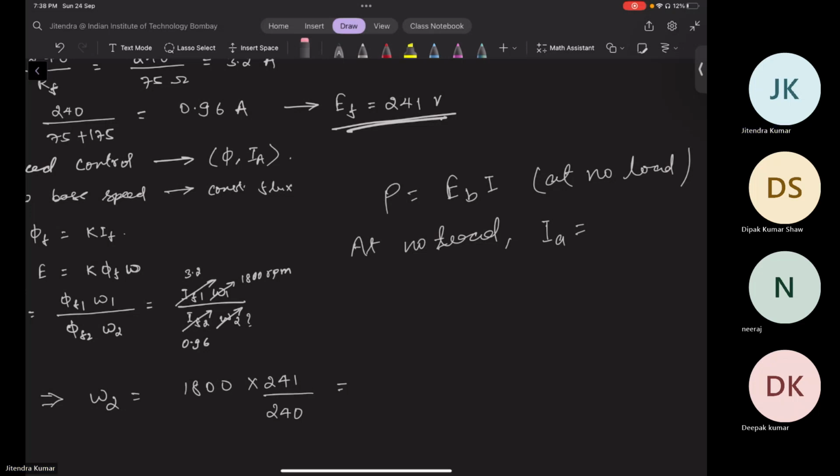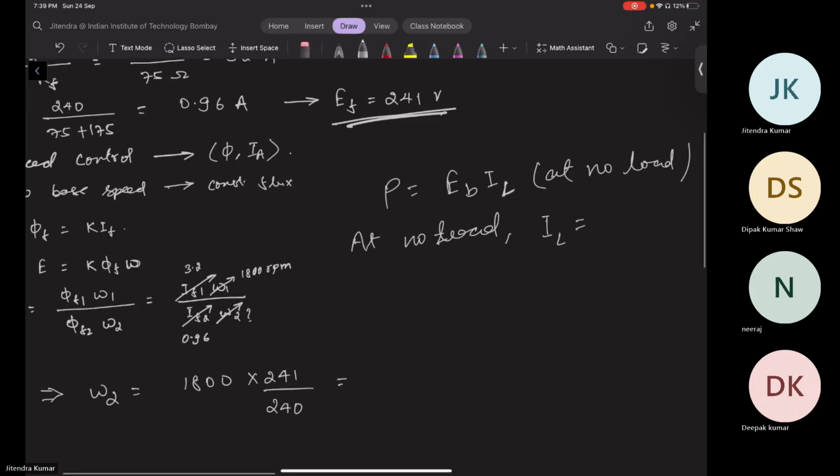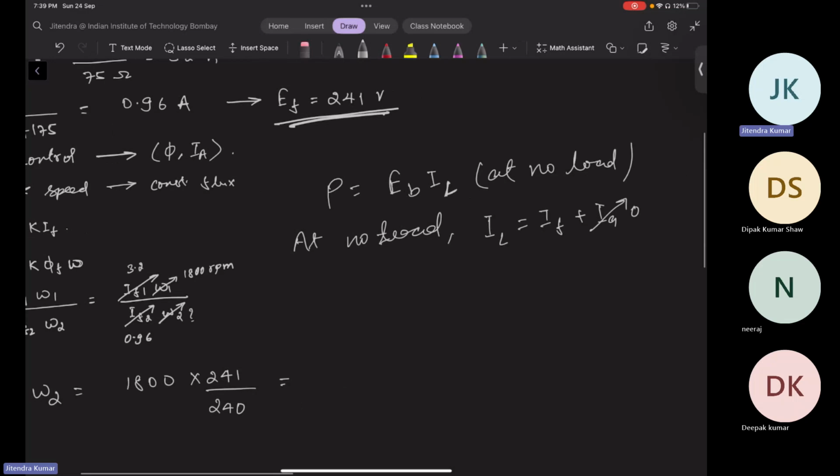Sorry, let me correct: EB into IL. At no load, IL is equal to IF only, since IA will be zero, and this EB at no load will be equal to VT. So whatever power at no load, that is VT into IL, is nothing but the power going into your losses.